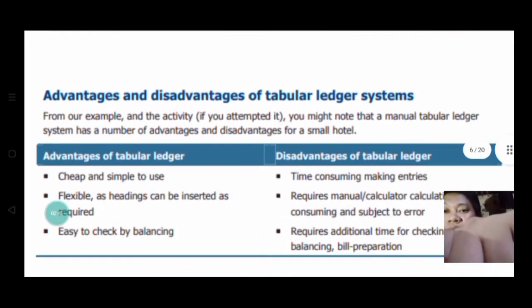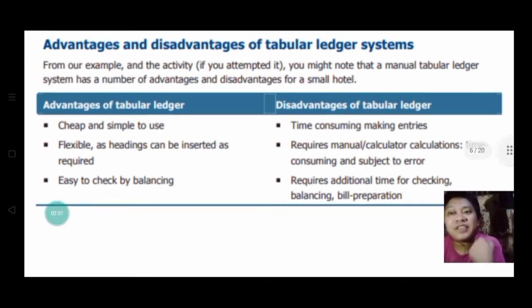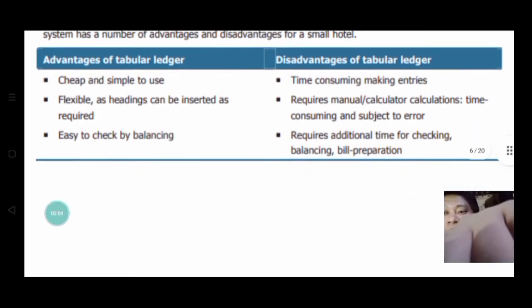So the next is the advantages and disadvantages of the tabular ledger system. The advantages of the tabular ledger: first, it is cheap and simple to use. The second is flexible, as headings can be inserted as required.